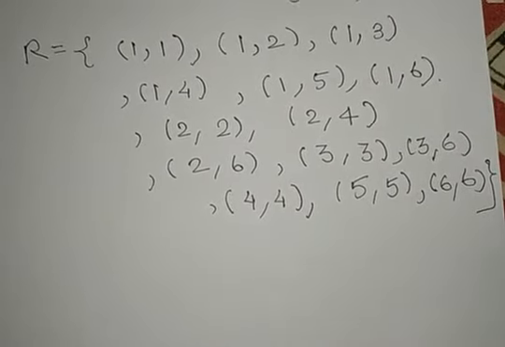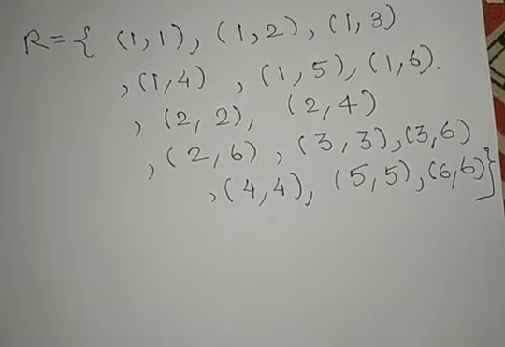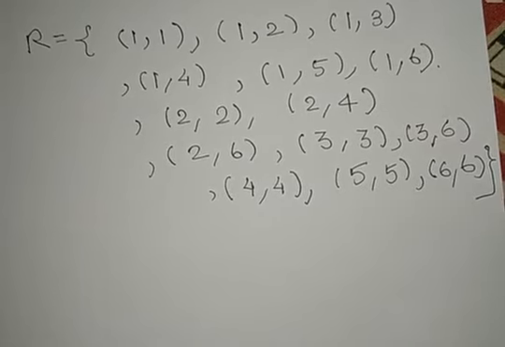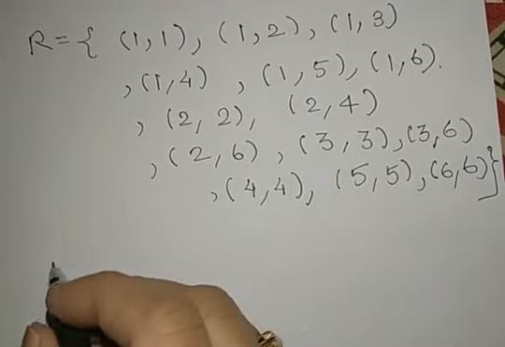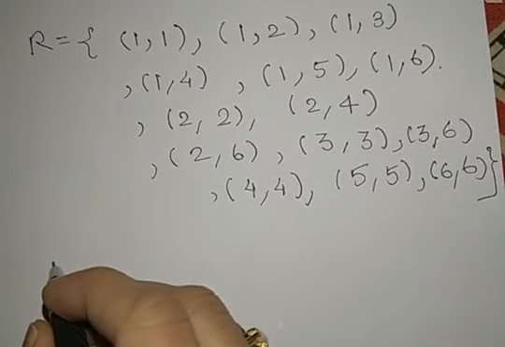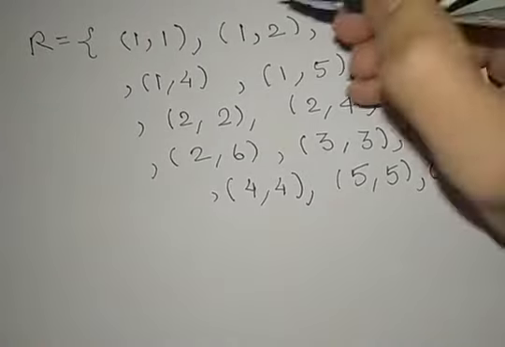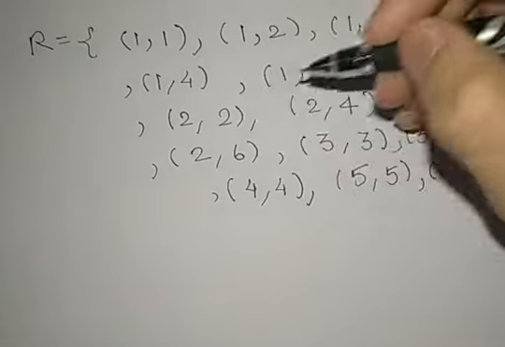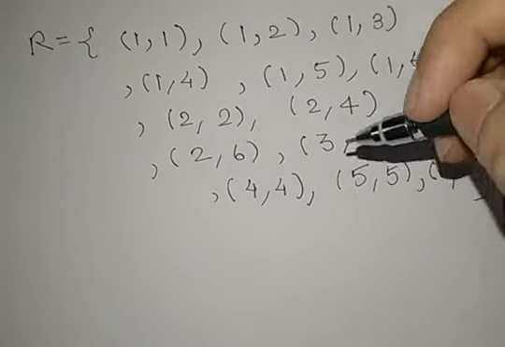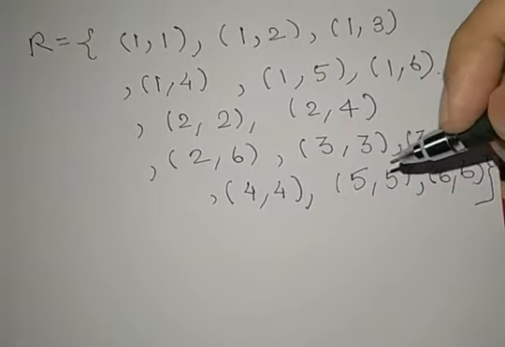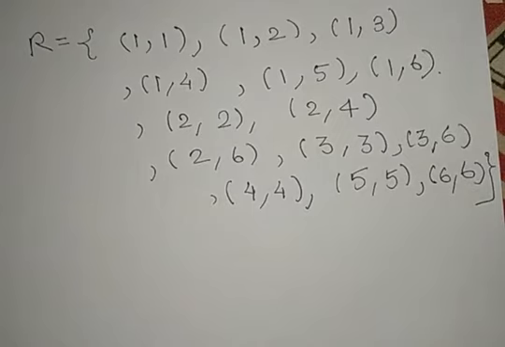Now you have to show whether R is reflexive, symmetric or transitive. First you look at the elements of the type (a, a). So you have (1, 1), (2, 2), (3, 3), (4, 4), (5, 5) and (6, 6).